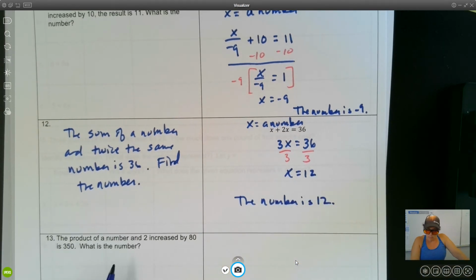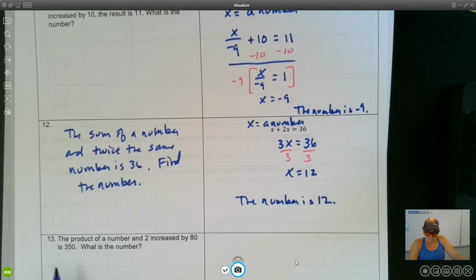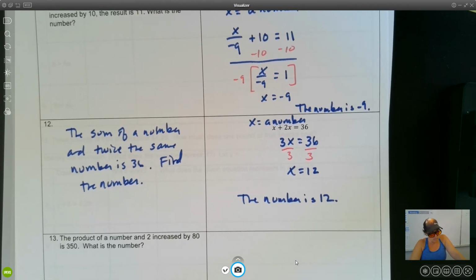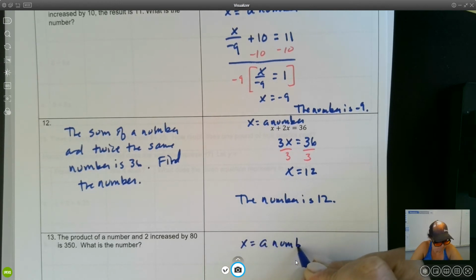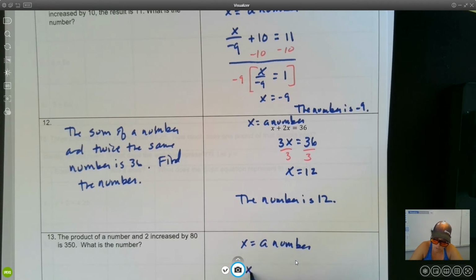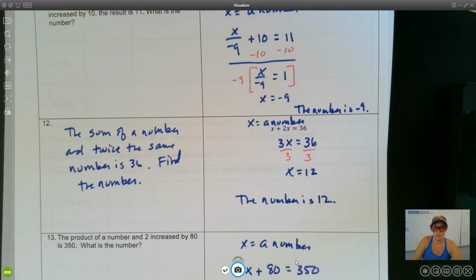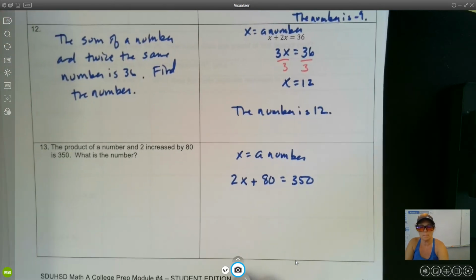The product of a number and 2 increased by 80 is 350. What is the number? Okay, x equals a number. The product of a number and 2 increased by 80 is 350. So there's the equation. Let me scooch that up.